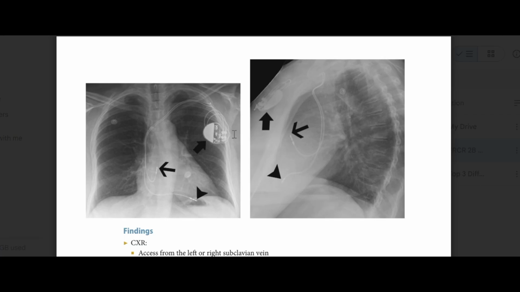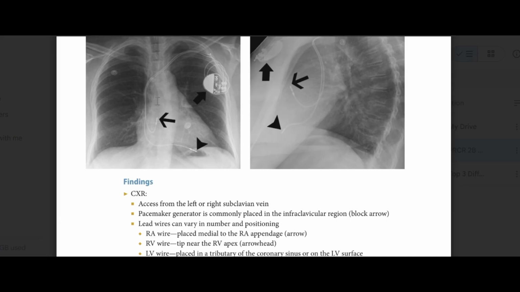I can see here only 2 wires. The right atrial wire will be placed medial to the right atrial appendage. This is the right atrial wire.